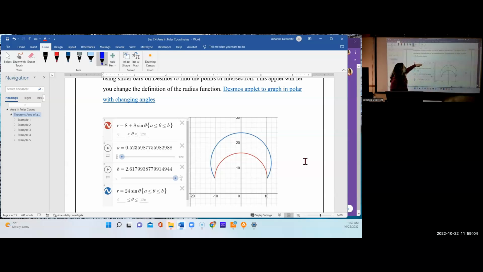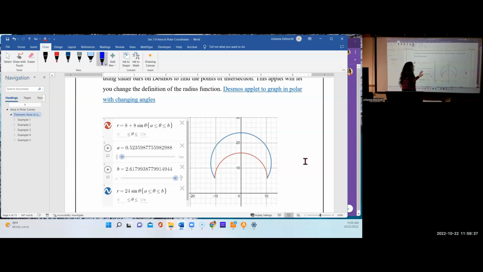I graphed r equals 8 plus 8 sine theta and r equals 24 sine theta, and for both of these I said that theta goes between A and B. Setting it like this creates 2 slider bars, one for A and one for B. You want A, since it's on the small end, to be alpha, and B, since it's on the large end, to be beta. What we want is for it to graph from alpha to beta, so we're looking where these 2 curves intersect each other.